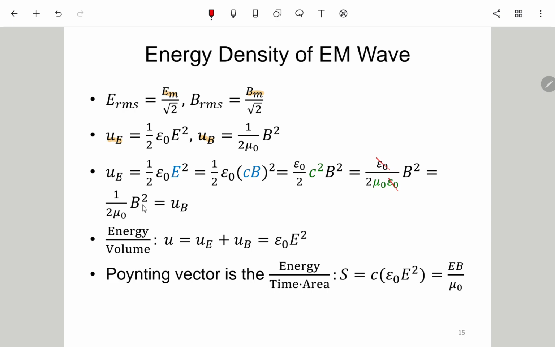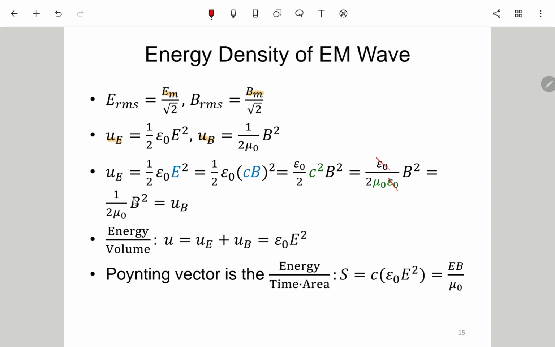So it becomes B squared over 2 mu naught. This is the energy density stored in the B field. So inside the EM wave, with this green identity and this blue identity, we can show that the energy densities stored in the E field and B field in the EM wave are the same.